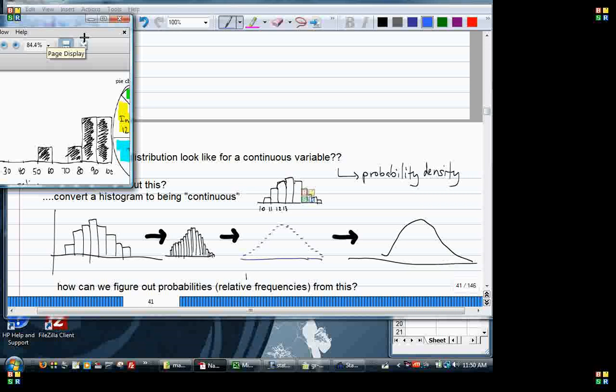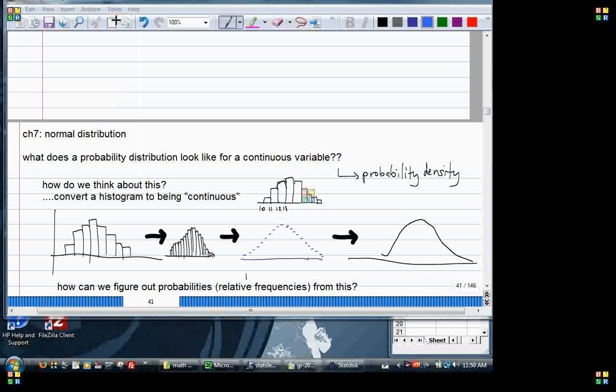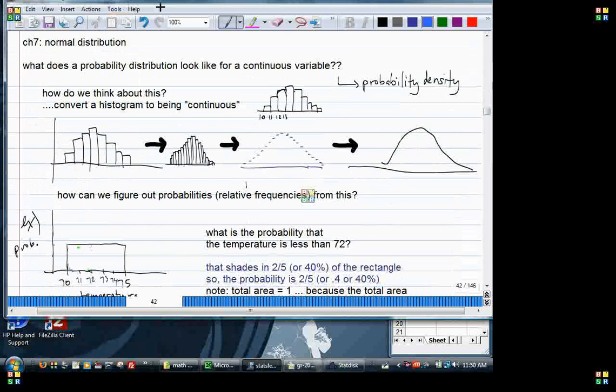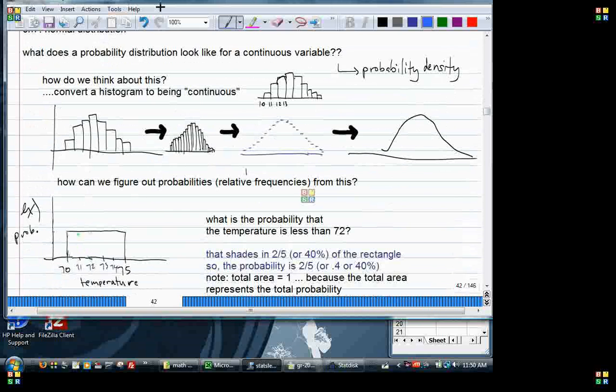Let me give you another context where this is true. So, here is a picture of a probability distribution of temperatures from 70 to 75 degrees.